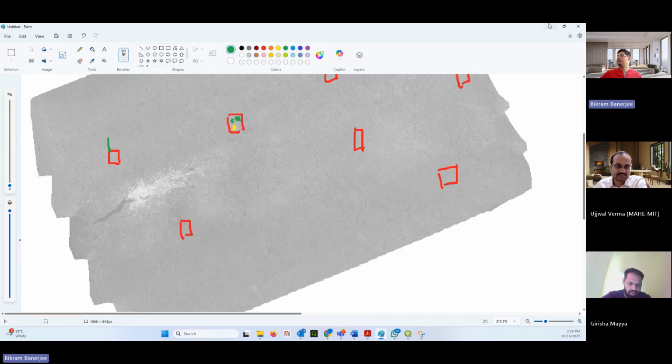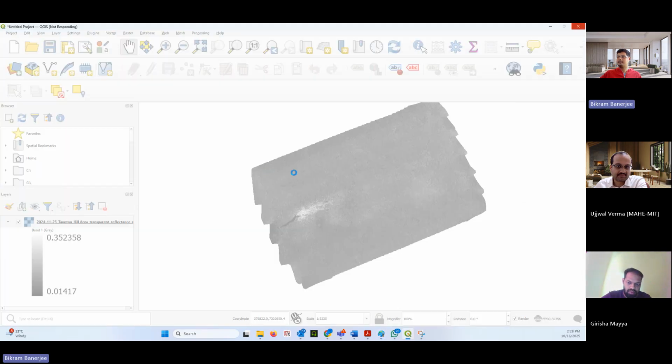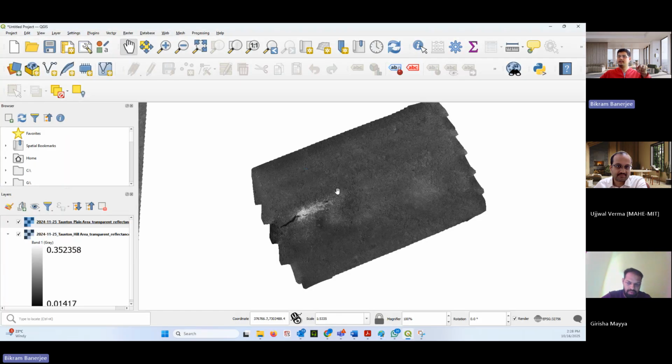You can make spatial windows on this image, create vectors, rectangular or square polygons, and export the TIFF files. You can export it in 6 or 10 tiles from here, and that will be easy to work with.